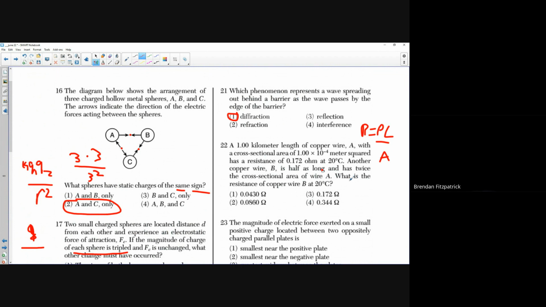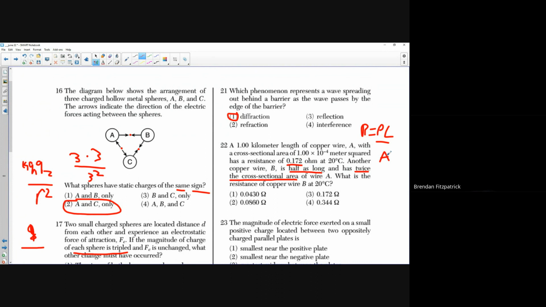So actually, instead of plugging into my calculator, here's what I'm going to do. I'm going to think about how, because they gave me the resistance of this original wire, it was 0.172. Now they're telling me the wire's half as long. So that's going to reduce this resistance by a factor of 1/2. And it has twice the cross-sectional area. Well, cross-sectional area is in the denominator.